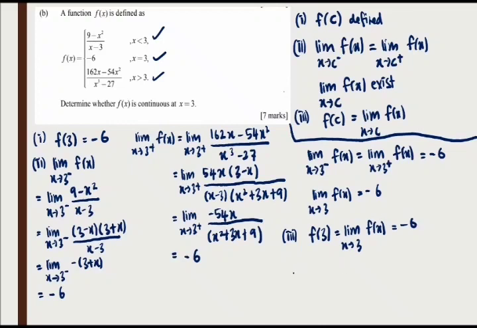So we can say that f(x) is continuous at x equals 3. This is our final answer and the solution for question number 5 part B. Always remember these three conditions, and then we check the continuity by following them. This is satisfied, so it is continuous.